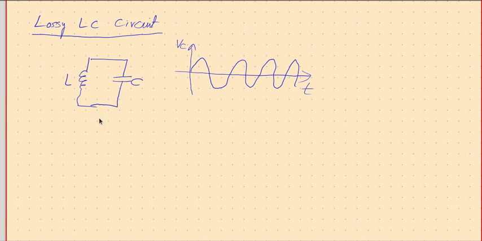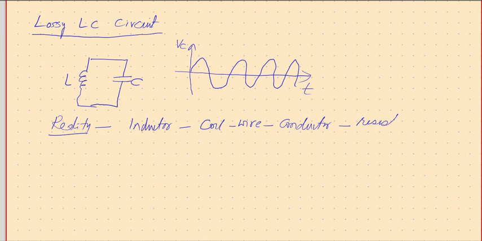Now, in reality, an inductor is made up of a coil. Coil means it is a wire. Wire means a conductor, and hence we will have some resistance. So when there is resistance, definitely it cannot be a perfect inductor.